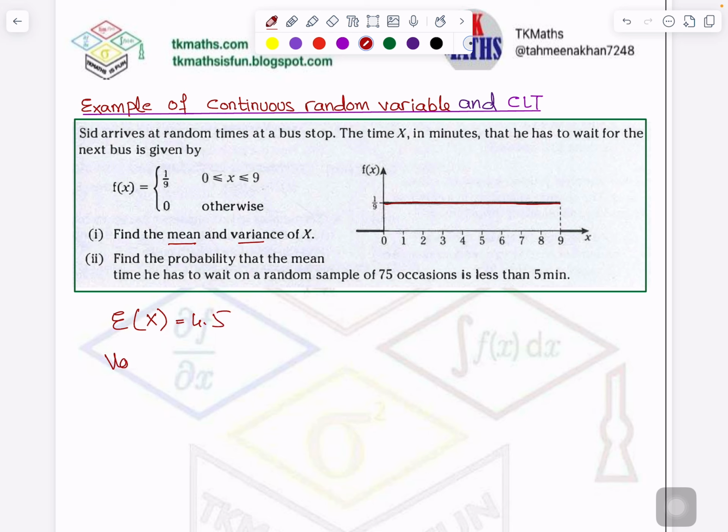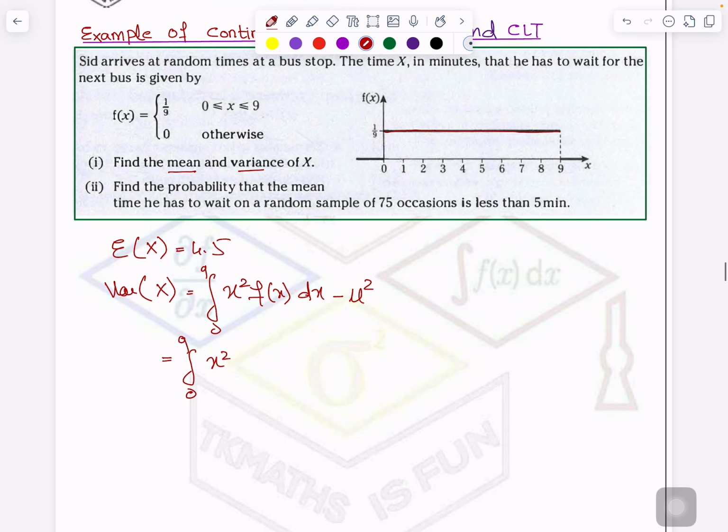However, variance you need to calculate. So variance of x, the method we will use is exactly the same thing. Integral of x square f of x dx, right? And it is minus mean square. You know that thing. So it will be equal to the integral from 0 to 9 of x square times 1 over 9 dx minus 4.5 square.